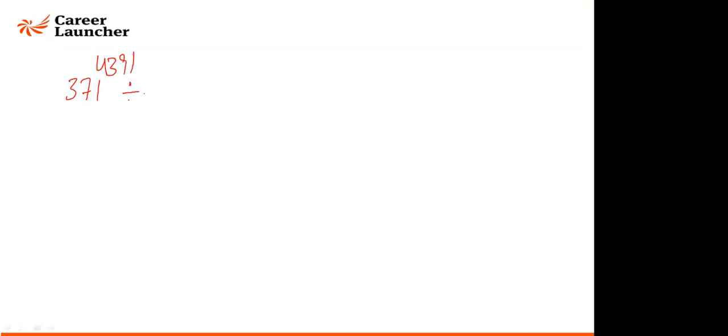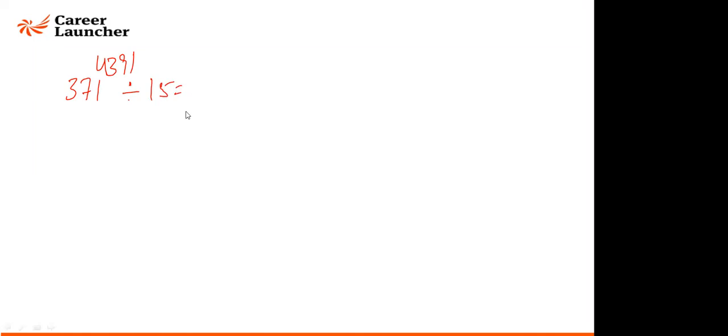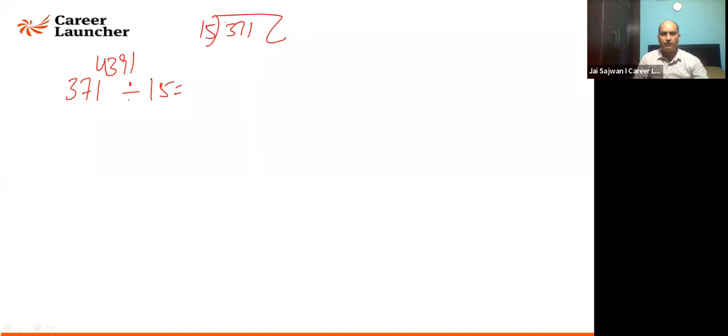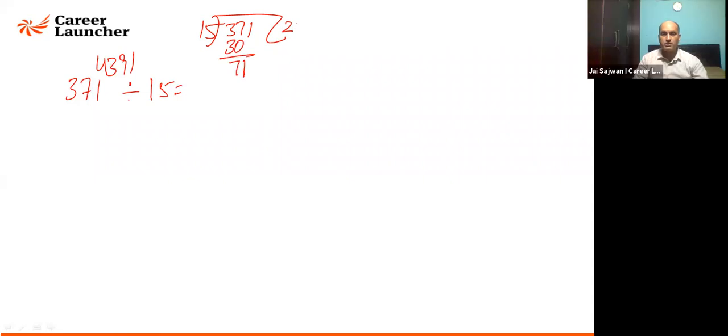Yes, 15 is also not a prime number, but in that class we did it directly, like you told us to divide 371 by 15. I said 15 2s are 30, 15 4s are 60, 15 5s are 75, and I write the remainder as minus 4. Am I right, sir? Yes.